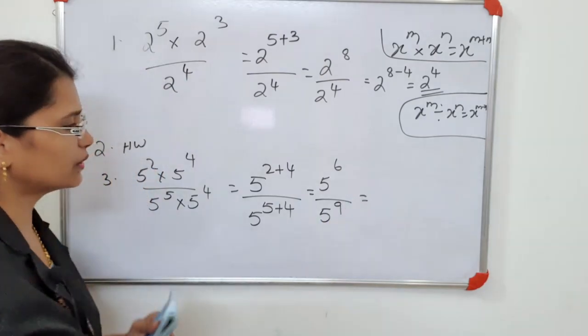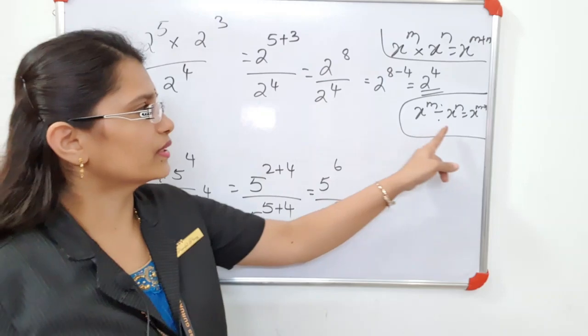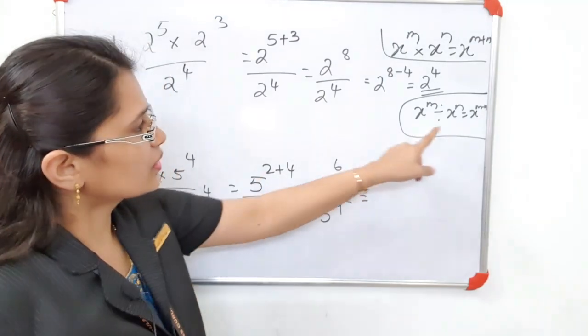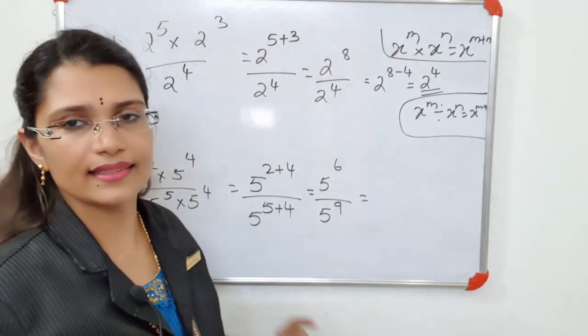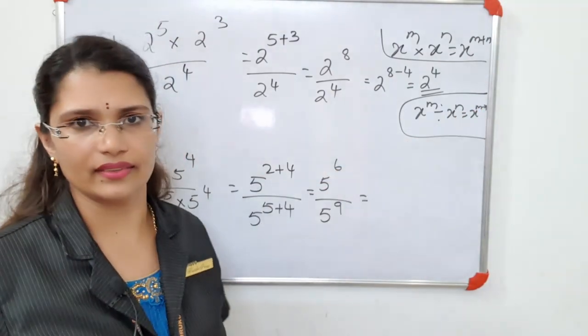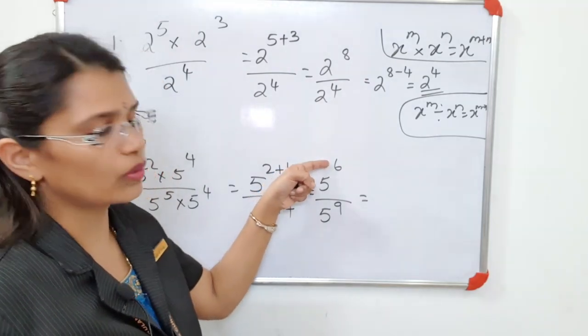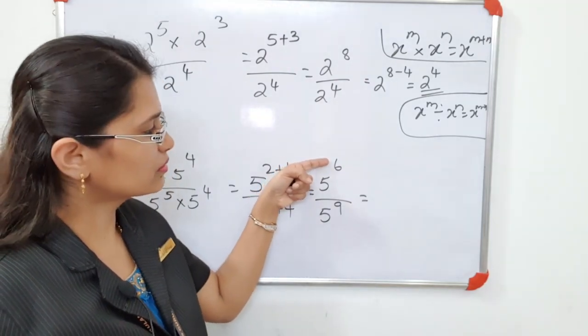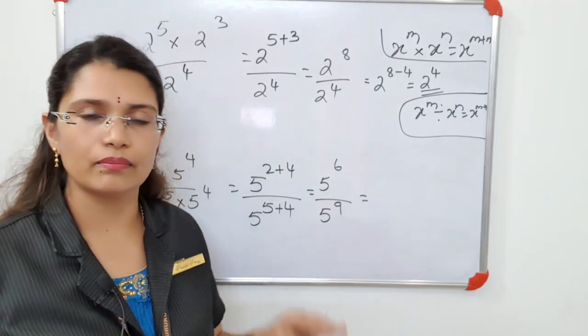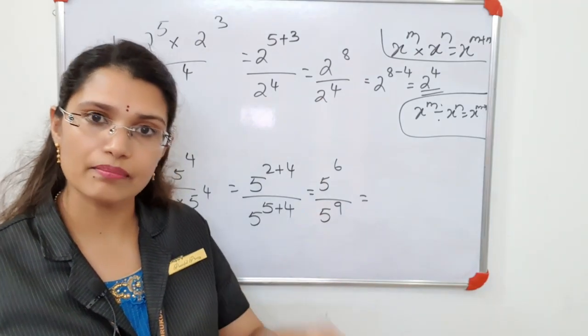And then here we have to apply the x raised to m divided by x raised to n rule. But can we write x raised to m minus n here? m should be greater, then only we can write m minus n, right? Here m is smaller. So what must we do? 1 divided by x raised to n minus m.